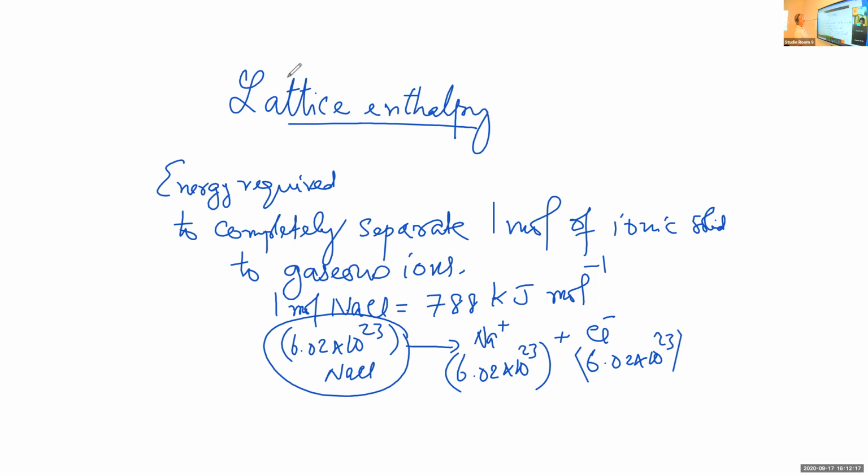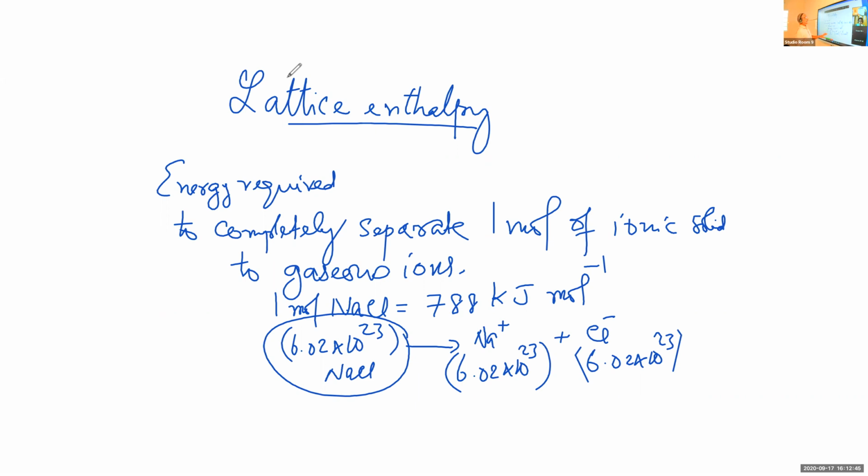So there is complete ionization or complete separation. And the energy required for breaking 6.02 into 10 raised to 23 NaCl molecules to form 6.02 into 10 raised to 23 Na plus ions and 6.02 into 10 raised to 23 Cl minus ions in the gaseous state.